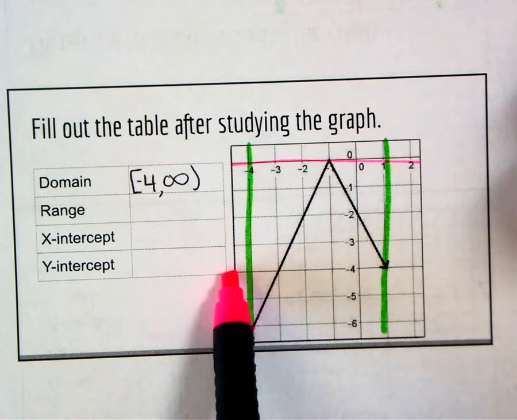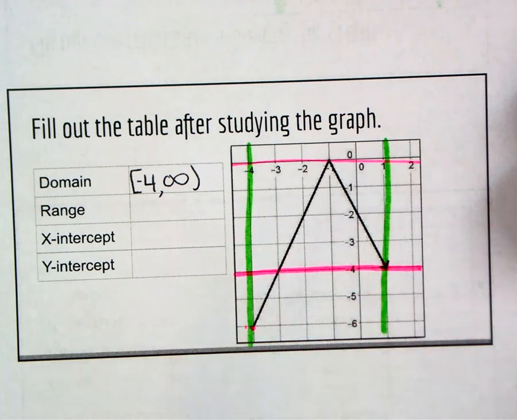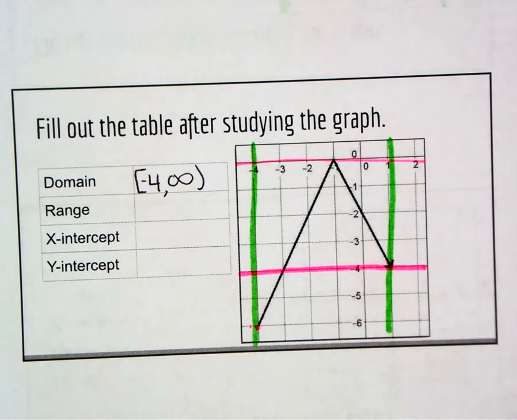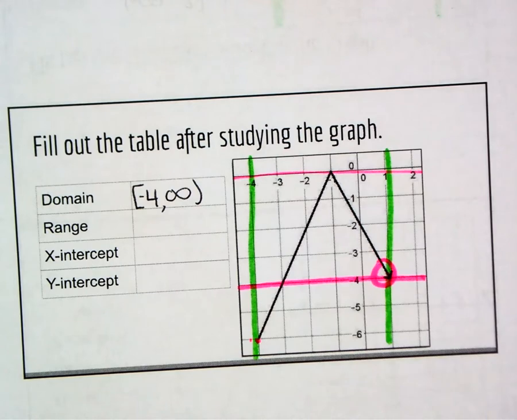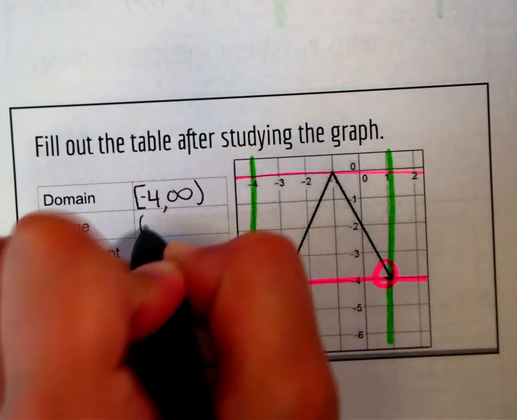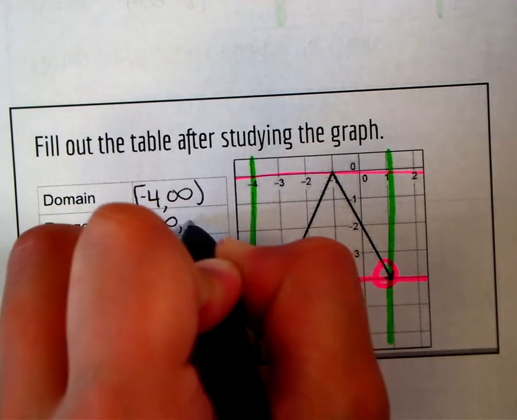So I'm going to draw my bottom of the function with the arrow. And hopefully that will help me remember that it doesn't stop there. And so my range is going to be negative infinity until 0.